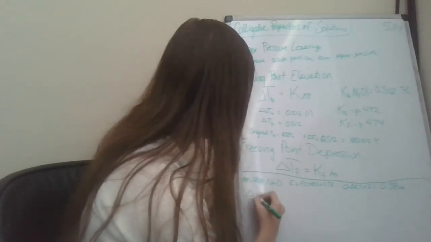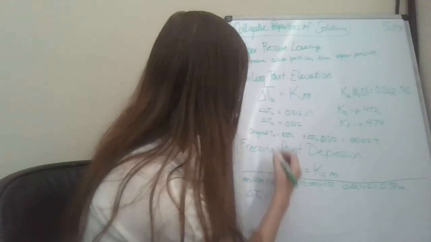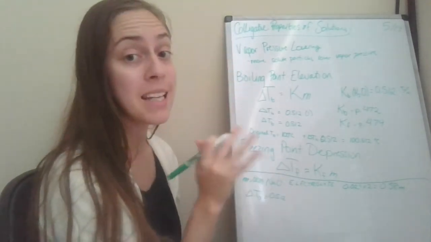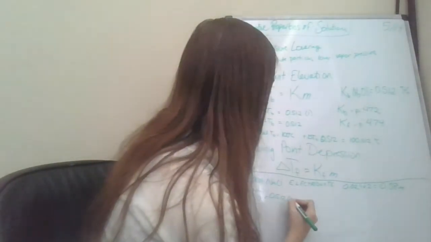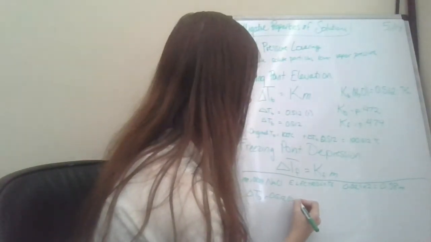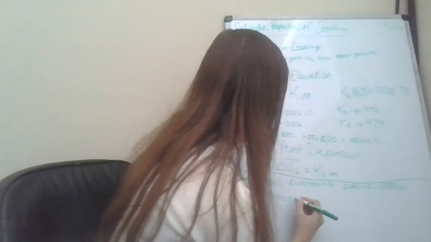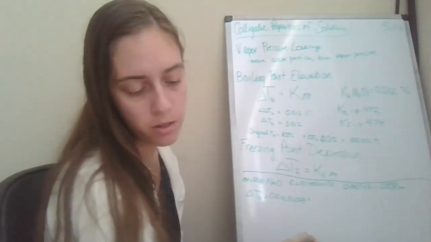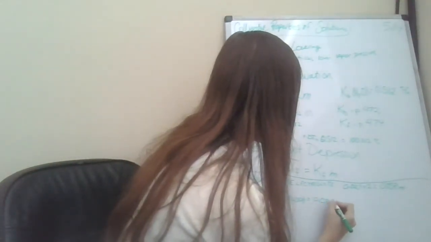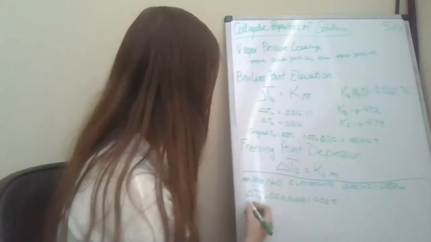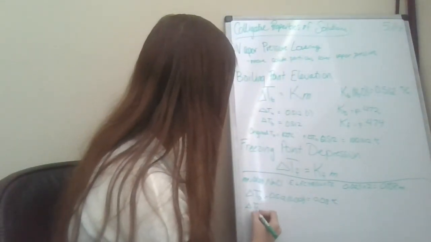So our change in temperature for boiling equals our K constant, which is 0.512 because it's water, because it's aqueous, times our molality, which is 0.058. So 0.512 times 0.058 gives us 0.03 degrees Celsius difference.